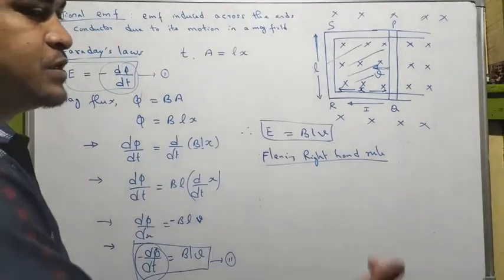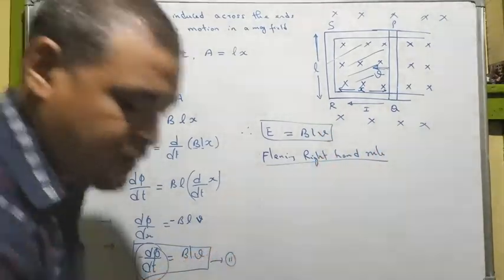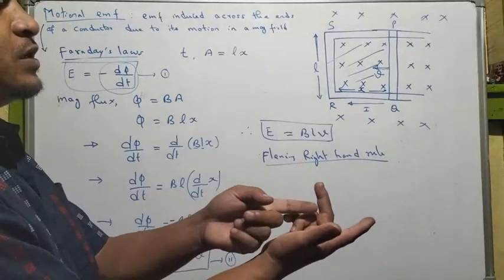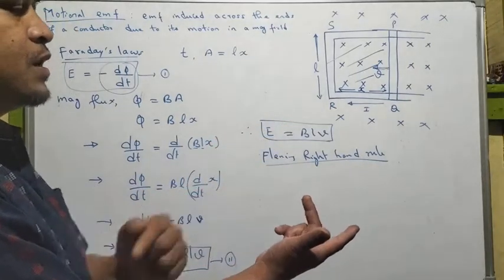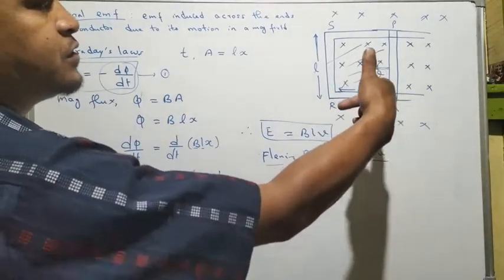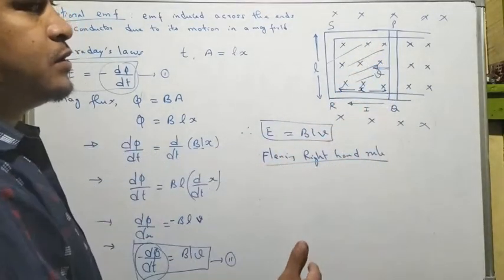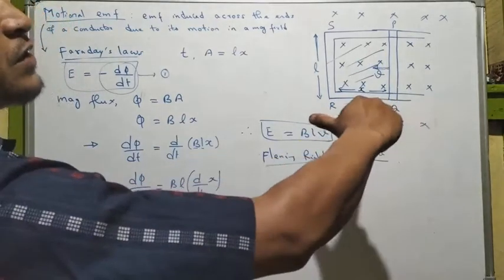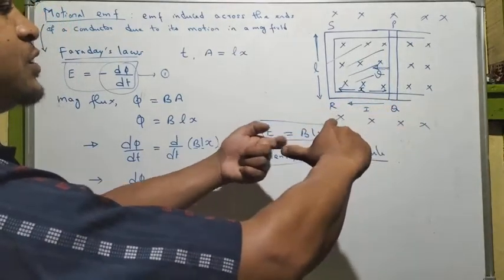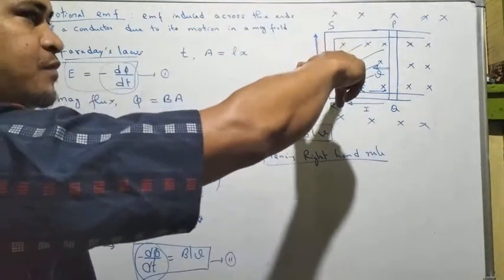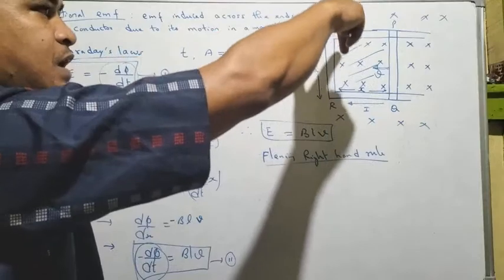According to the Fleming right hand rule, if you stretch the four fingers, the central finger and the thumb, and if the central finger points in the direction of the magnetic field, and the thumb stands for the direction of motion of the conductor, then my central finger will give the direction of current.